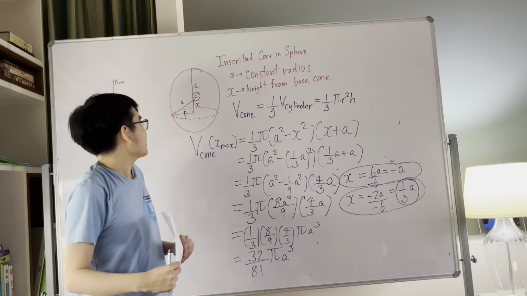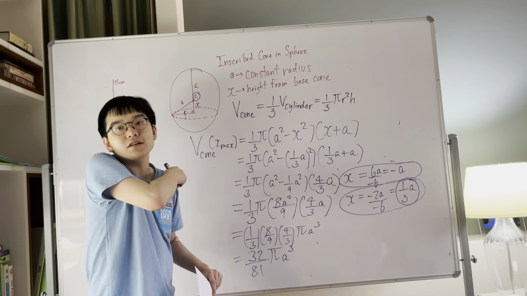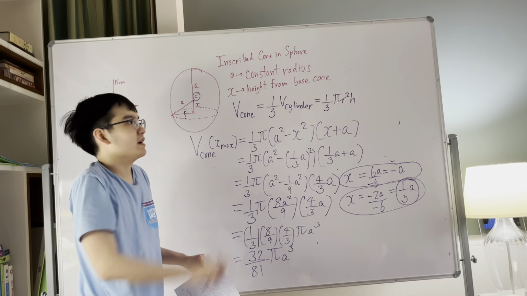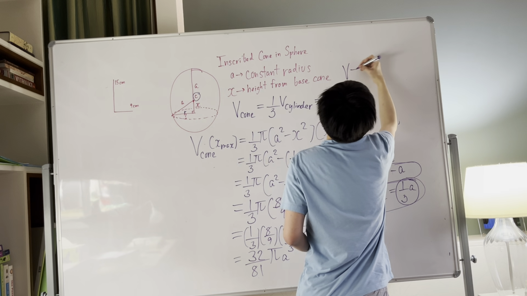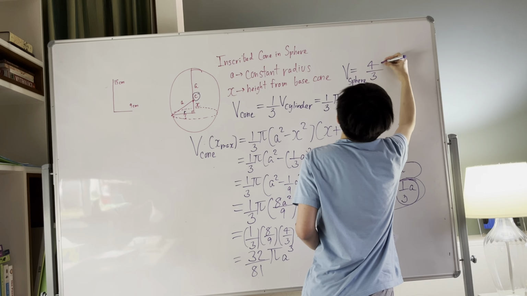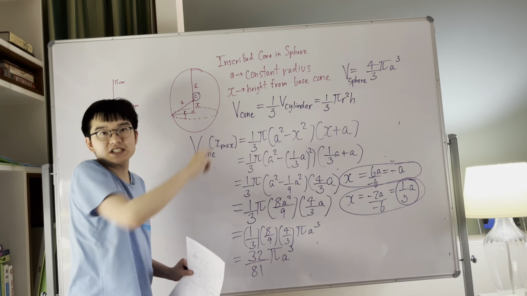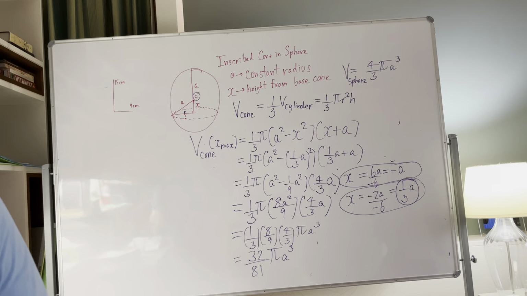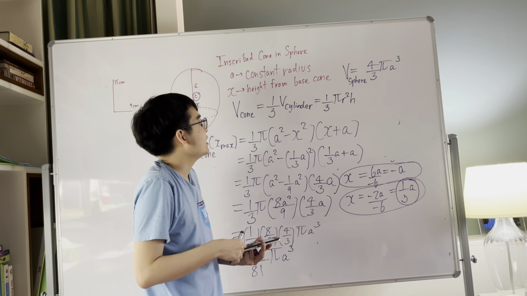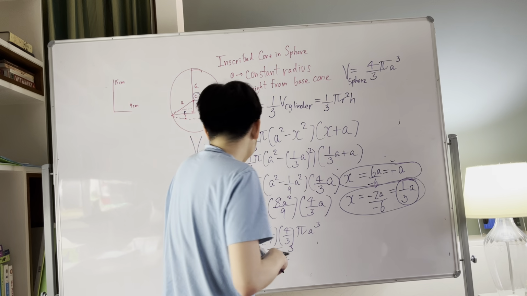And now, to check that our answer hopefully makes sense, we understand that the original volume of the sphere is 4/3 pi a cubed, right? Because a is the radius of the sphere. Since both of these are proportional to a cubed, I suggest at this point we plug in these values of 32/81 pi and 4/3 pi into the calculator and see what we get.